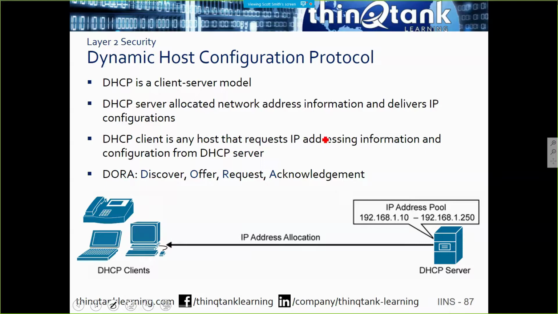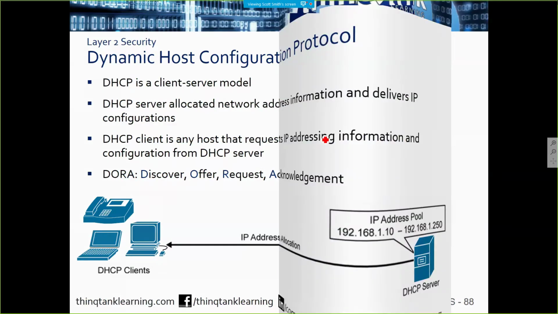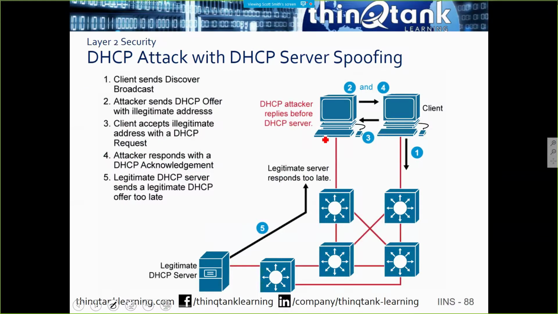Because DHCP is broadcast-based, it is possible to have rogue DHCP servers in the network responding to the discovers with invalid offer information. All right. So what would be the purpose or the goal of poisoning DHCP information? We talked about this previously, right?